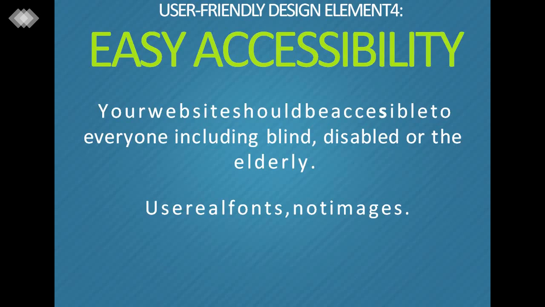Your website should be accessible to everyone, including the blind, disabled, or the elderly. So use real fonts and not images. Instead of images, we should try to use fonts, which will be more easily understandable to people of every age.